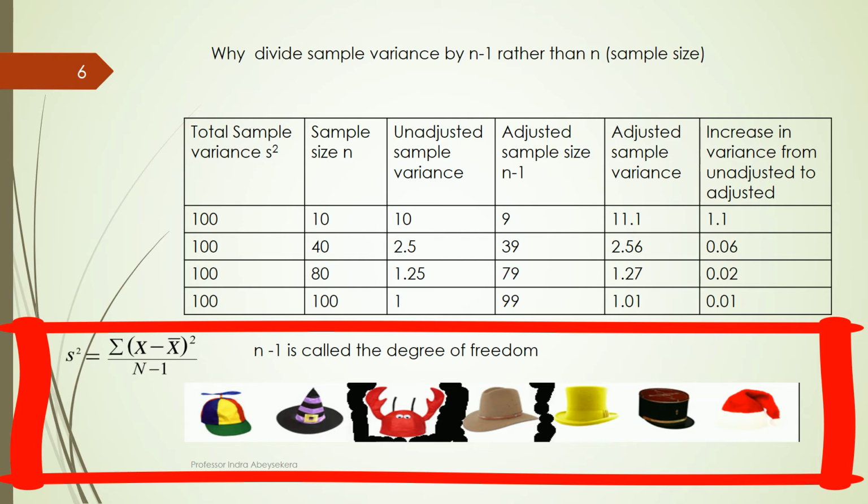And the number of choices keeps decreasing, but on the 7th day, if there are only 7 hats to wear, 6 hats have been worn, only 1 hat is left. There's no freedom of choice there. And one has to select that last hat, whether one likes it or not.